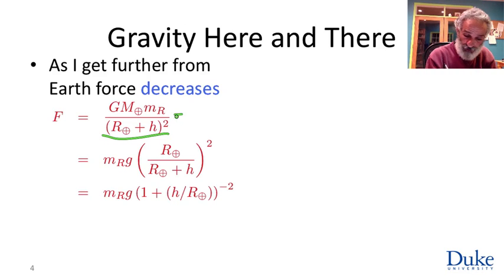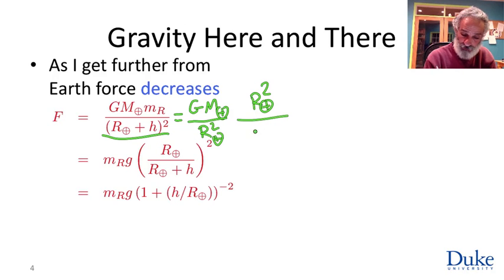I'm going to rewrite this as G times the mass of Earth divided by the radius of the Earth squared. Well, I've divided and multiplied by the radius of the Earth squared, so here I need to put the radius of the Earth squared over my actual distance from the center of the Earth squared, and then I'll remember m.